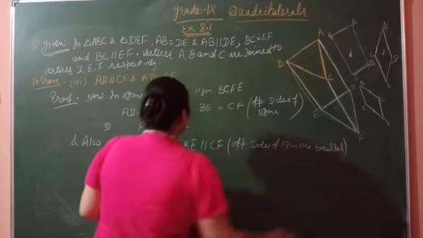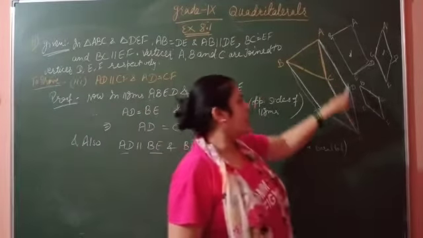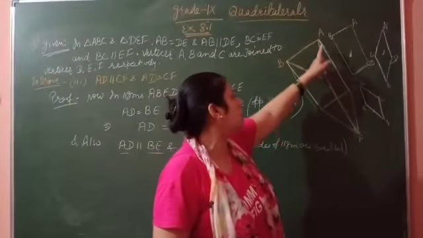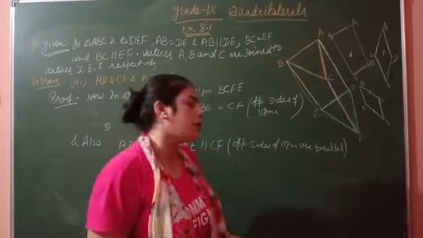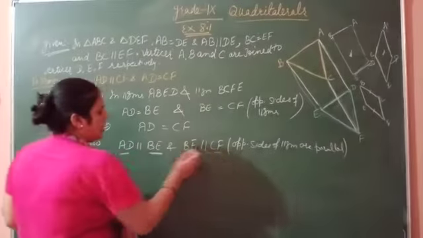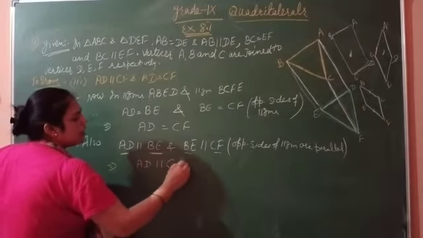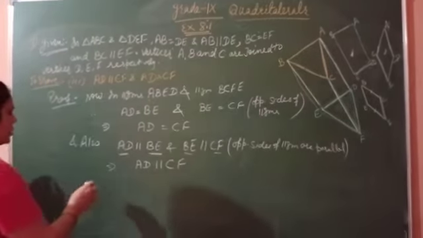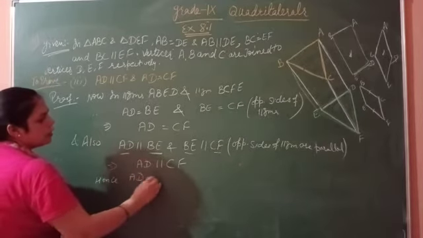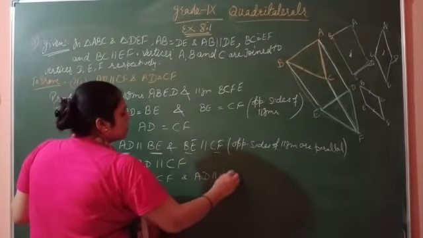Now, if AD is parallel to BE and BE is parallel to CF, this means AD and CF are also parallel to each other. So hence proved: AD is equal to CF and AD is parallel to CF.